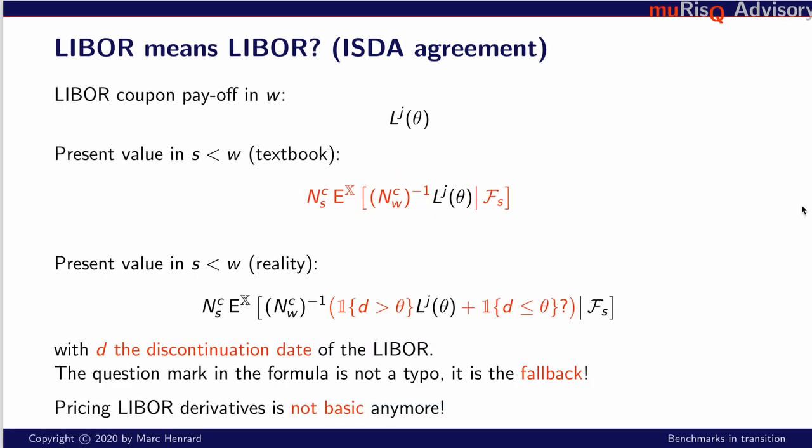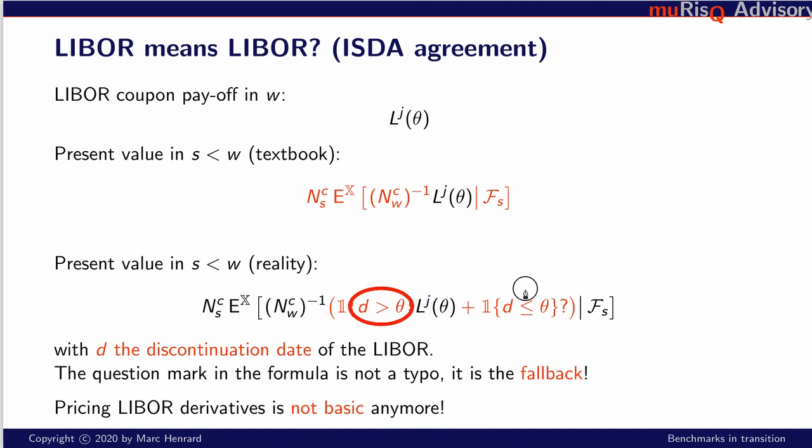Now, this is a simplified view of the world because in reality, you don't know if LIBOR will be published. So you have to divide the situation into two cases. The first one is if the fixing date theta is before the discontinuation, so discontinuation has not taken place yet, you get what you expect, you get the LIBOR rate.